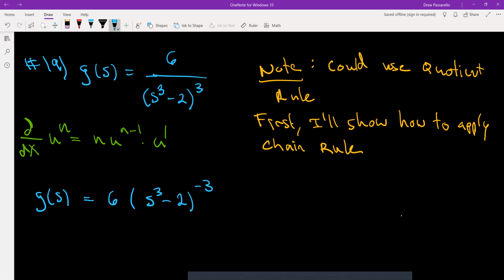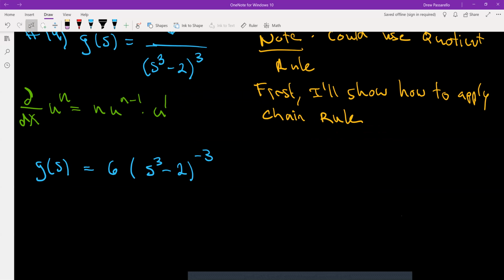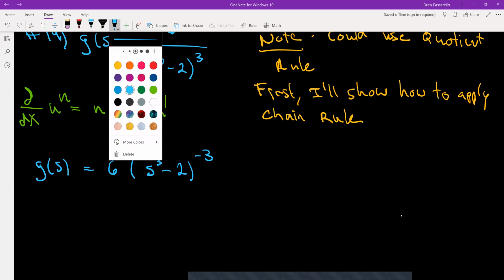This is the same thing as what we have above, so that way I can apply the power rule, and note that u is the s cubed minus 2 part.